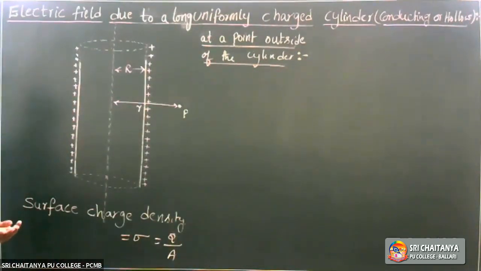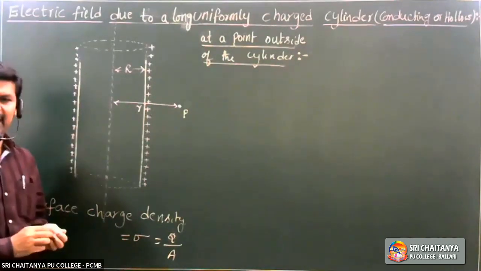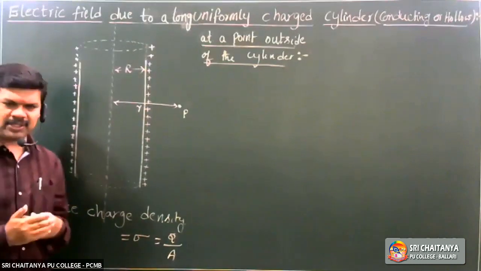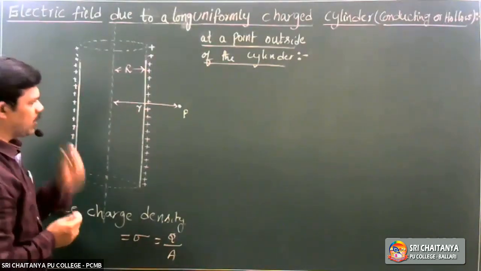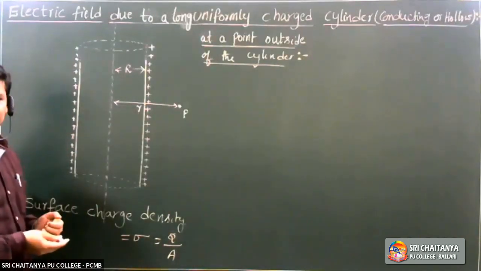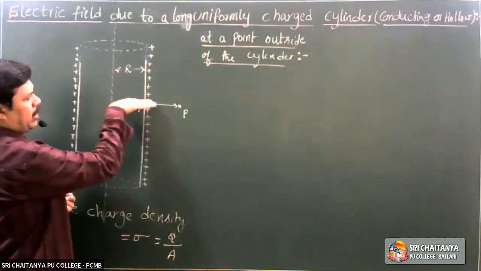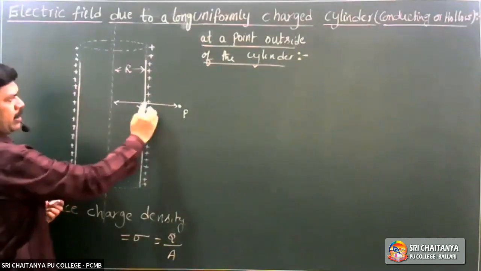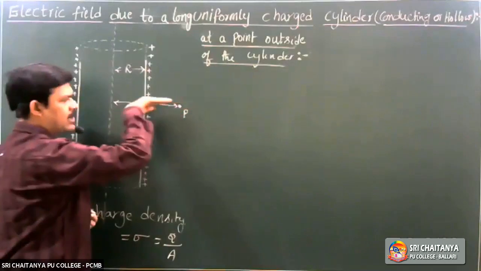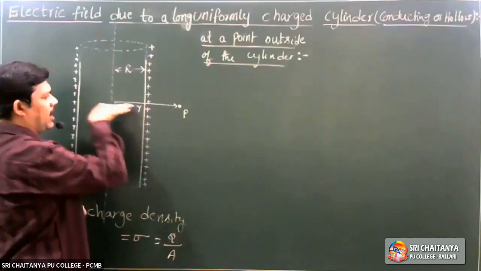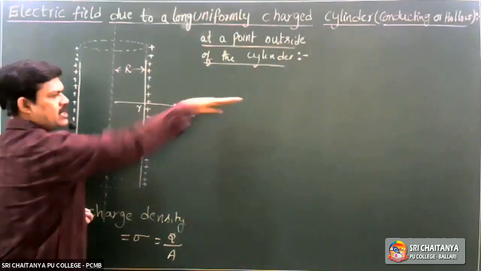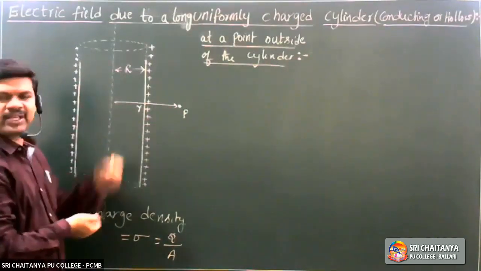For that, we are going to apply Gauss law. To apply Gauss law, there are a few steps. Yesterday we discussed. First, what is the direction of the electric field? Due to each and every charge on this cylinder, the electric field acts along the radial vector, perpendicular to the curved surface.